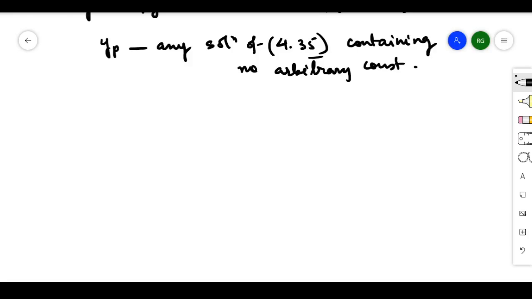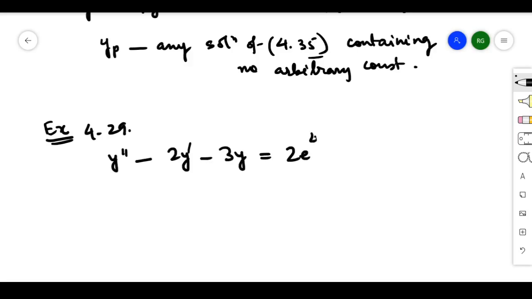For that, let us consider one example. Say y'' - 2y' - 3y = 2e^(4x). So let us find its particular integral first.